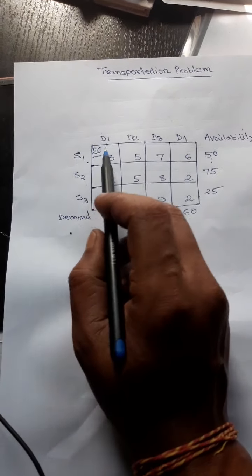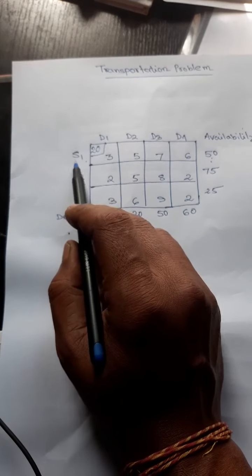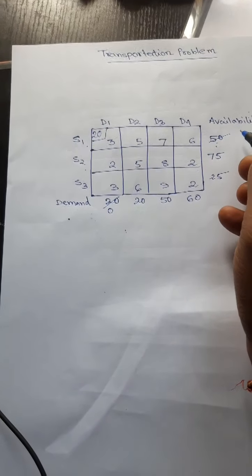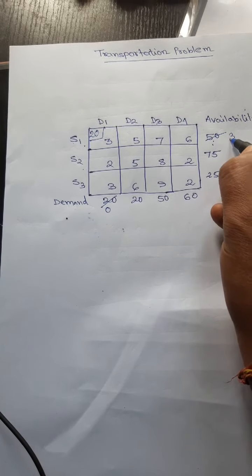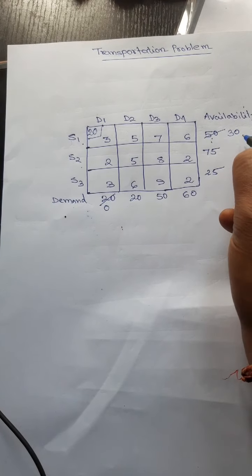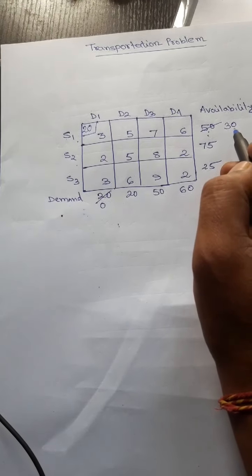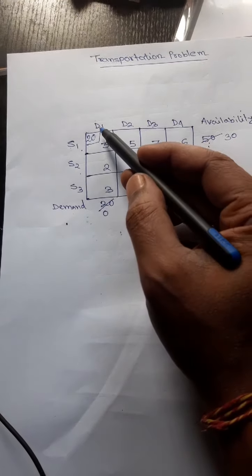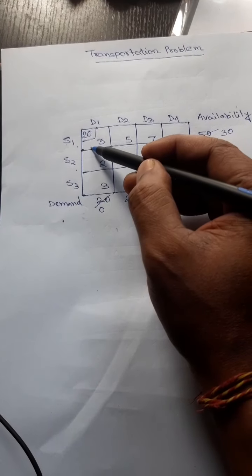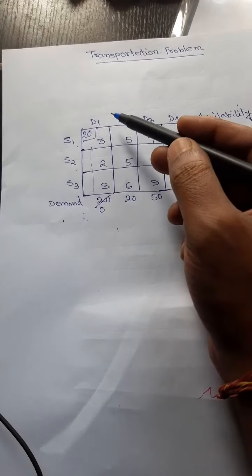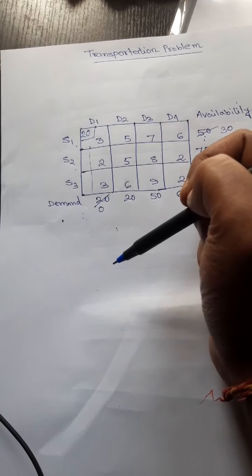As we supplied 20 units from supply point 1, the availability at the supply point is reduced from 50 to 30, since 50 minus 20 is 30. As all the demand of destination 1 is met, we can cancel this column, meaning there is no need to allocate anything to destination 1.